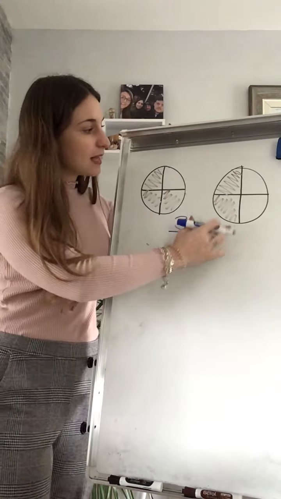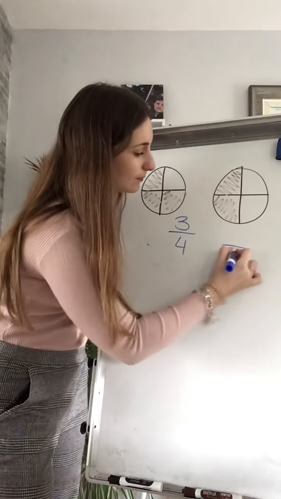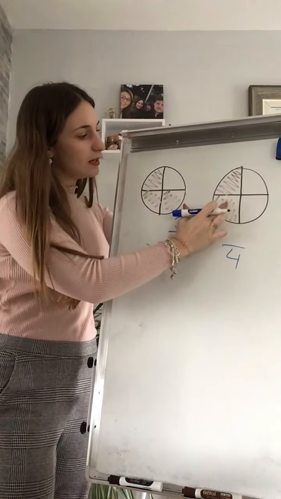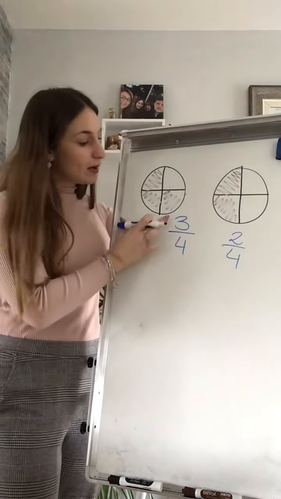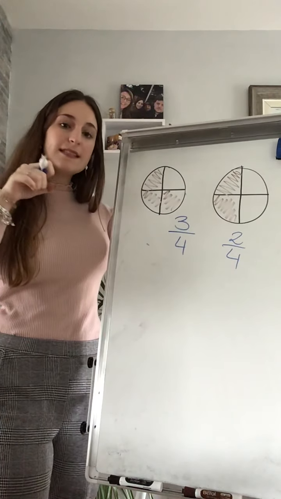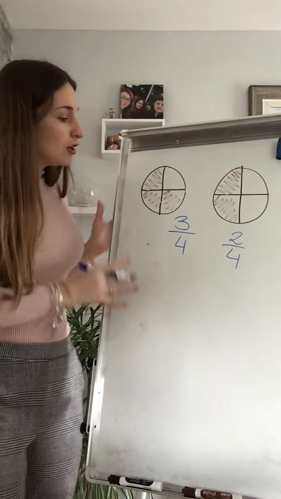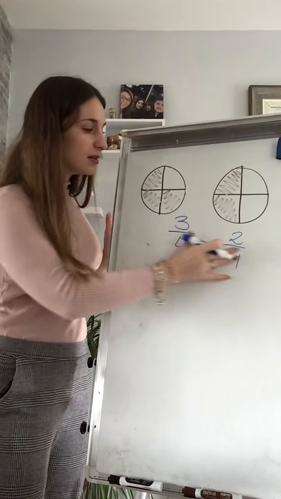On my next pizza, I have again split my pizza into 4 equal parts, and I have taken 1 and 2. So my numerator, my top number, is how much I've taken, what is shaded, and the bottom is how many equal parts. So I have 3 quarters and 2 quarters.